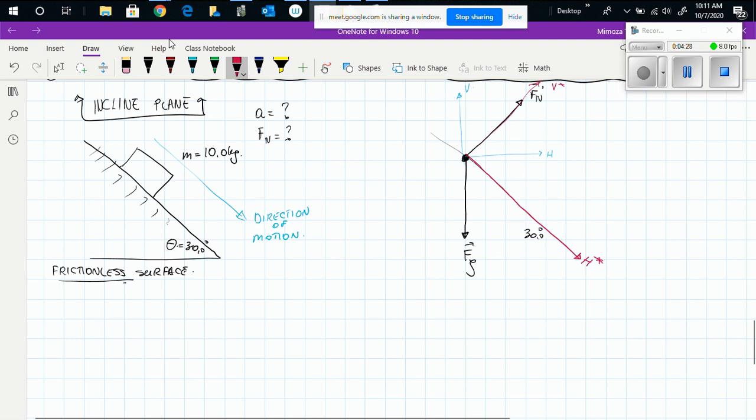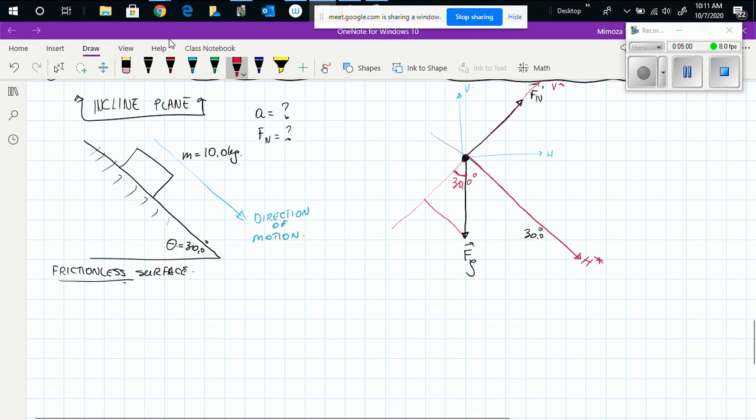But actually, it simplifies our work, because what we do here is extend the y-axis, the vertical axis, and this will be the same angle as the angle of the incline, 30 degrees. And then it's so easy to see the horizontal component and the vertical component of the force of gravity.